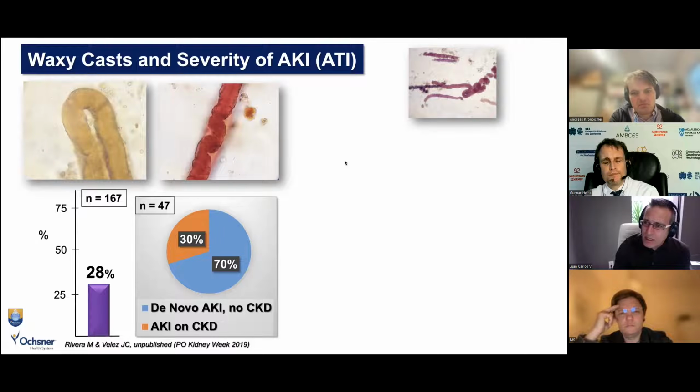It was pure AKI, probably pure acute injury. So that was one of the first observations. This is the idea that waxy casts are only found in chronic diseases, clearly not true.